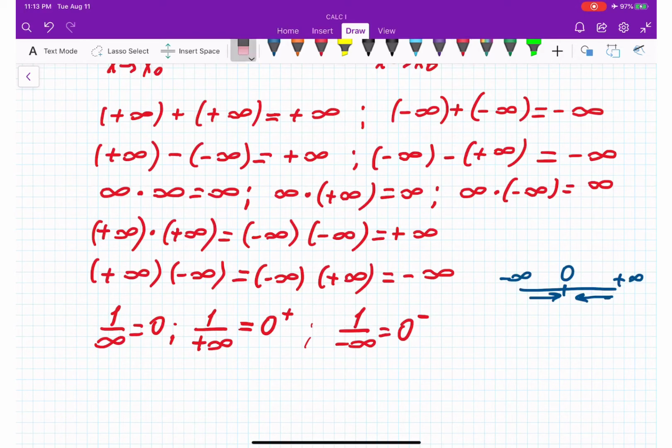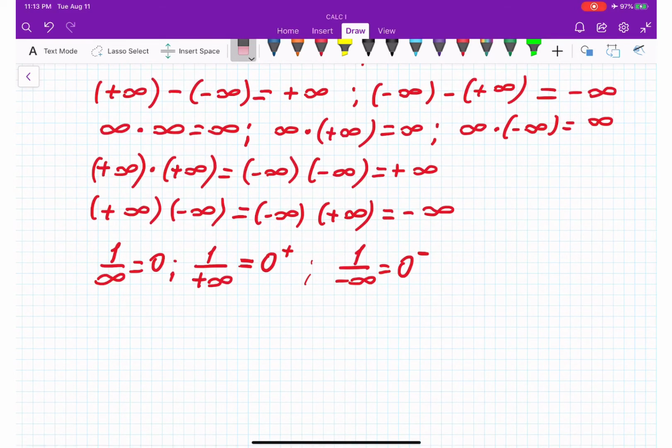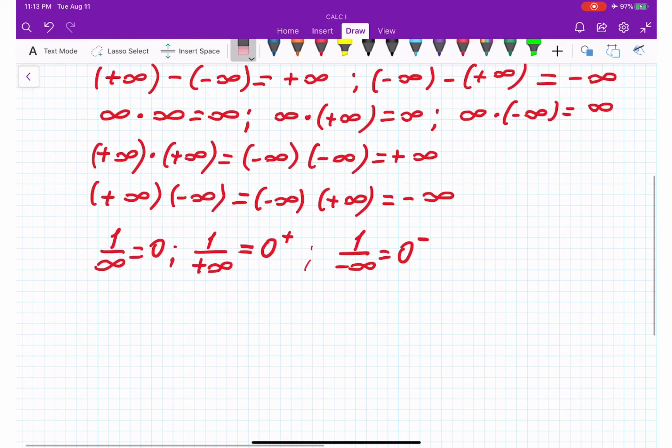Next, what else can it be? Now let's explore some arbitrary real number and manipulate it with infinity, to see what we get. So A is an arbitrary real number.